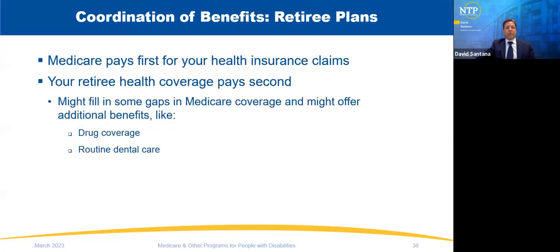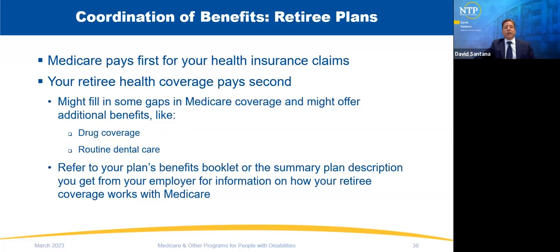Now, when we talk about those individuals that are covered by a plan based on retirement, you could always assume that if the individual is retired, that plan will be primary to Medicare. You could almost always assume that that would be the case.